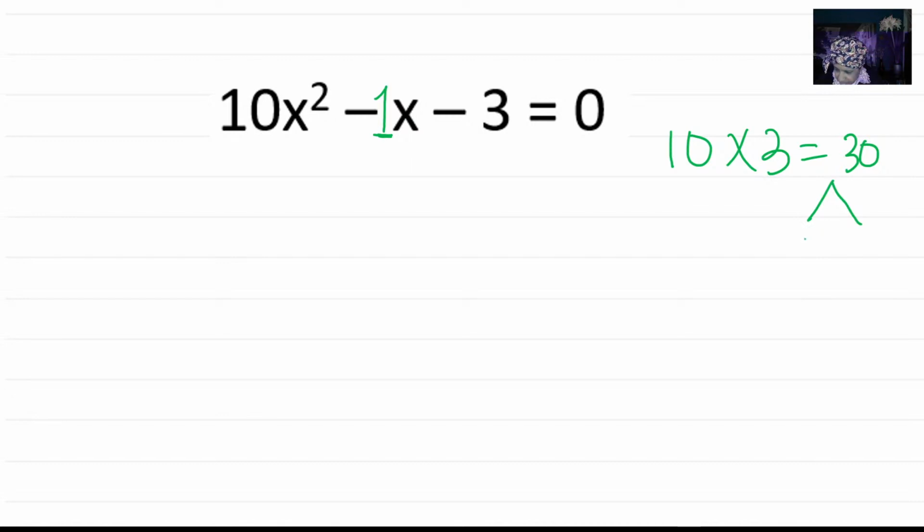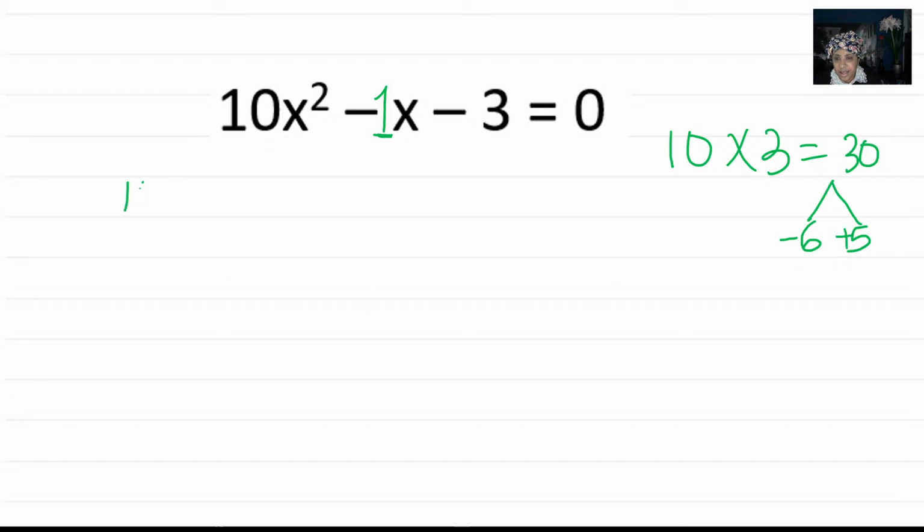It's 1, okay? You're absolutely right. There is a negative 1 there. So the numbers that make 30 are 6 and 5. That can give you a negative 1. So because it is a negative 1, the bigger one needs to be the negative and the smaller one needs to be the plus. Okay, so we're going to now rewrite this.